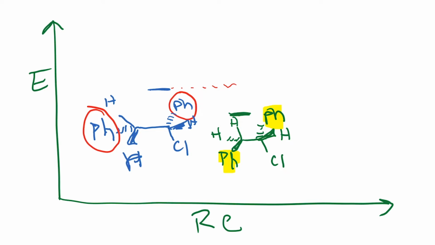Now, what we know from various experiments and theoretical calculations is that the barrier to conversion is actually not very large. People have estimated this to be somewhere between 10 to 15 kilojoules per mole, which is easily accessible at room temperature. Even if you go to a slightly lower temperature, you might slow this down, but it's something that is going to happen very rapidly.